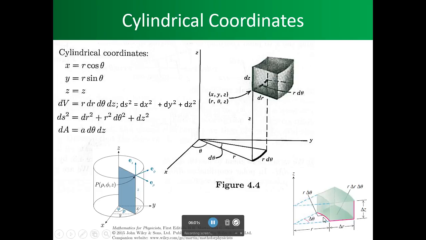So if you multiply the three sides, length times width times height, we can get our dimensions.